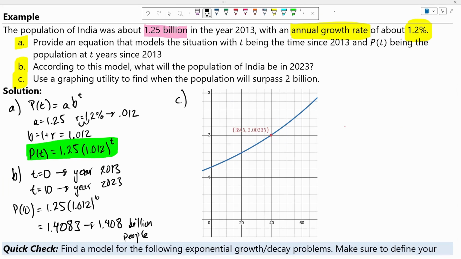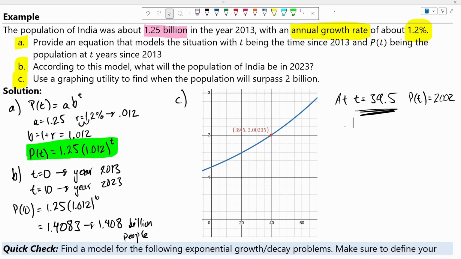So I'm going to go ahead and do this. At t equals 39.5, P of t is equal to what? 2.002. That is close enough, right? But now, 39.5, that is 39.5 years after 2013.